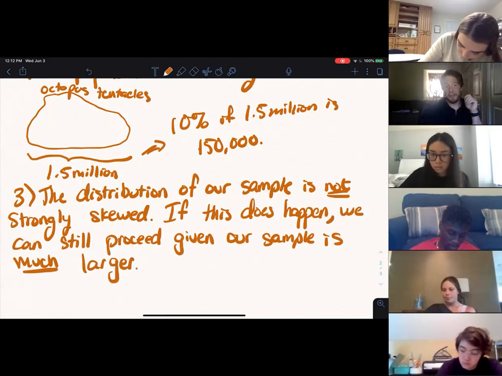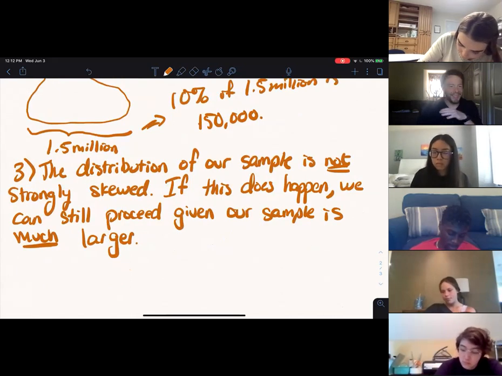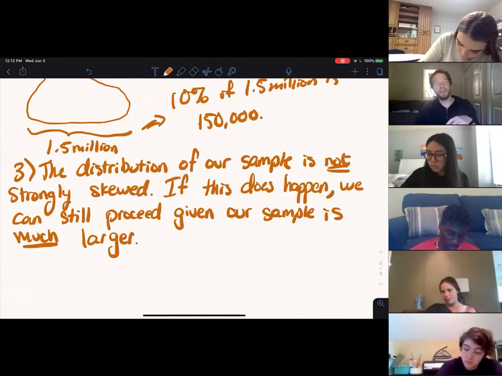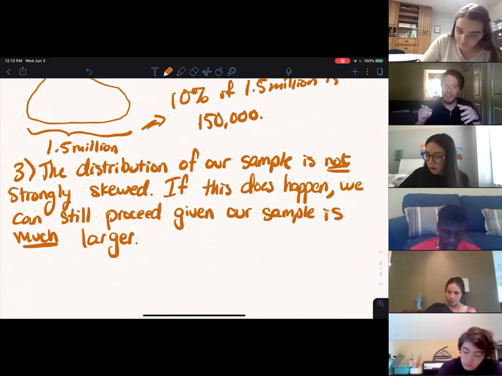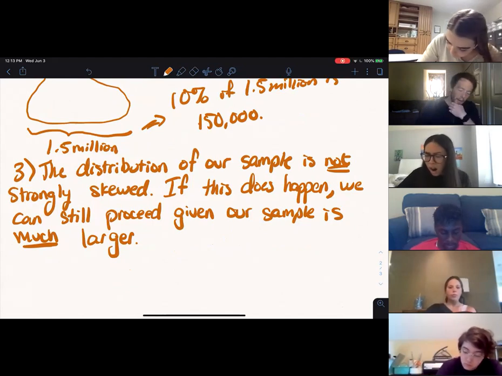So if this does happen, it doesn't necessarily mean that the central limit theorem is off the table. You just need a much bigger sample for it to work. That's the solution to this skewness problem.